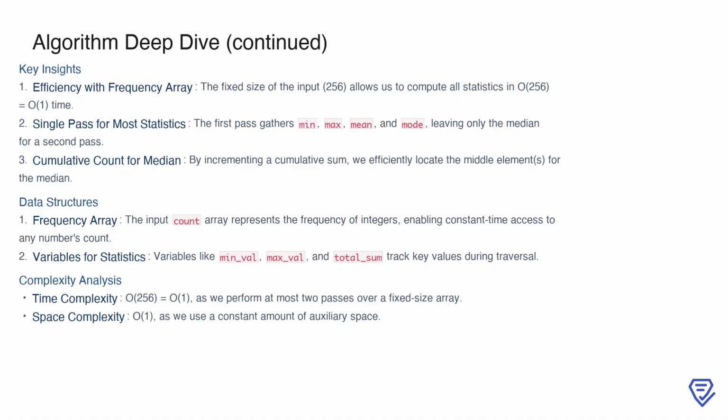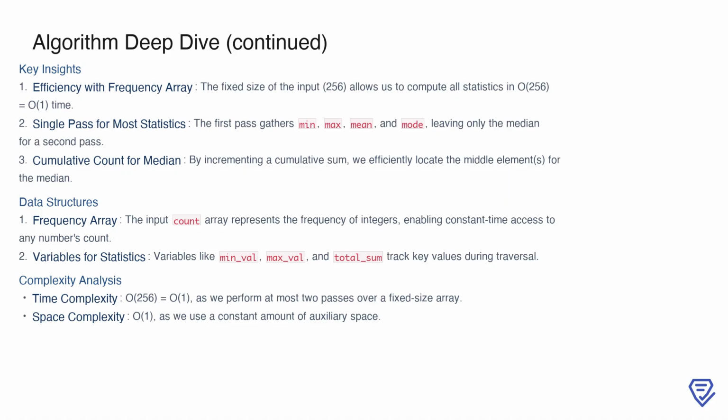The cumulative count technique is particularly effective for finding the median, as it avoids the need to sort the dataset explicitly. Instead, we locate the middle elements by progressively summing the frequencies. In terms of data structures, the frequency array itself is central to the solution, providing constant time access to any number's count.